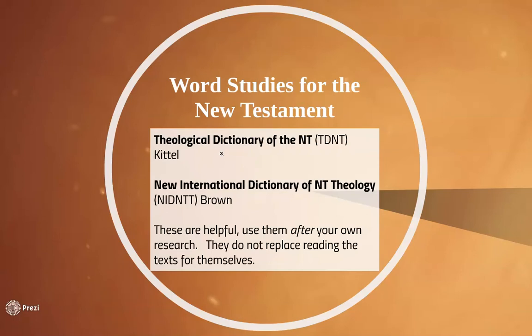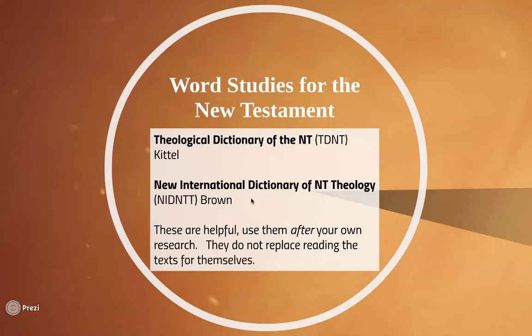They're obviously in the library, etc. And this takes a Greek term and the cognate group, and it gives a word study. It goes through all of these steps of word study, and it digests it for you. You could also use the New International Dictionary of New Testament Theology, which is edited by Colin Brown. And this goes from English and looks at English terms and what the Greek terms are behind them.